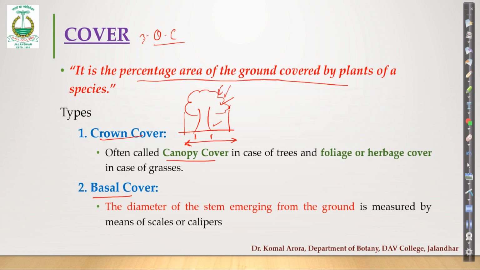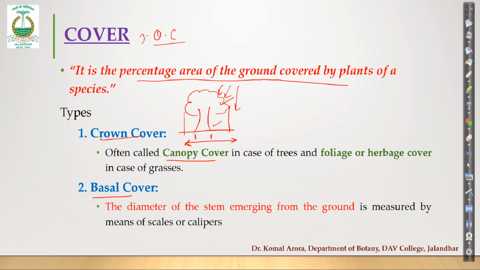Because when the light is falling, the light will show filtration through these leaves. So obviously the wavelength will get affected and the understory flora will be affected: the type of flora, the number of plants of a species. So definitely this is shading the ground area below it. So that is called the canopy cover.